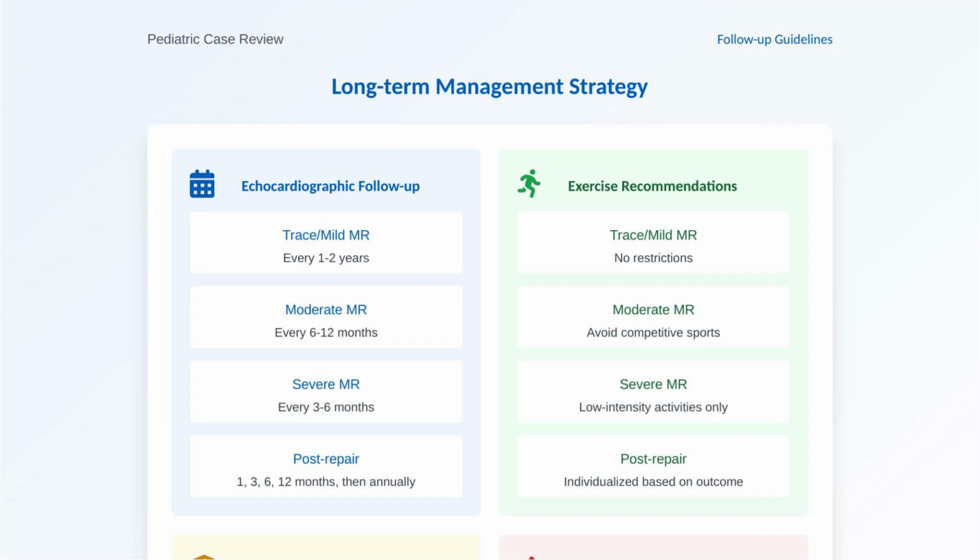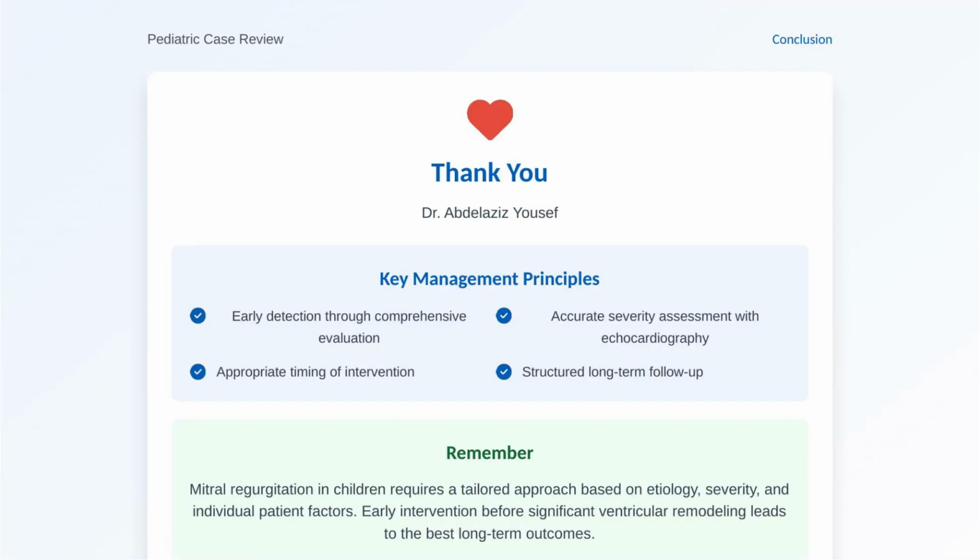Thank you for joining me today for this comprehensive lecture on pediatric mitral regurgitation. We have covered the essential aspects of this condition, from basic anatomy and physiology through etiology, pathophysiology, clinical presentation, diagnostic approaches, medical and surgical management, and long-term prognosis.